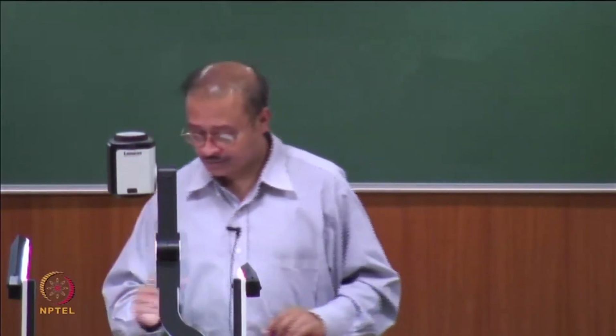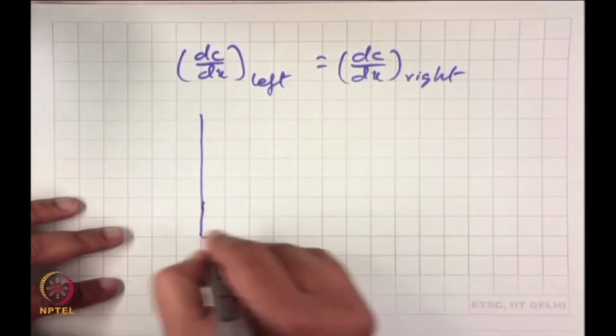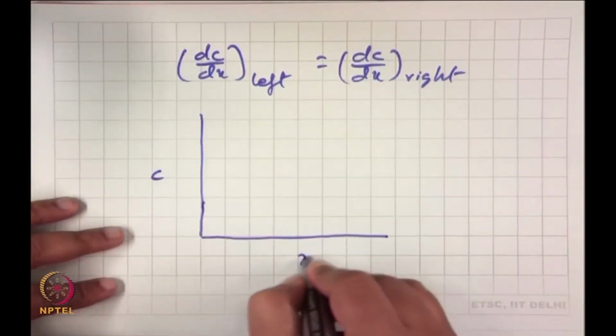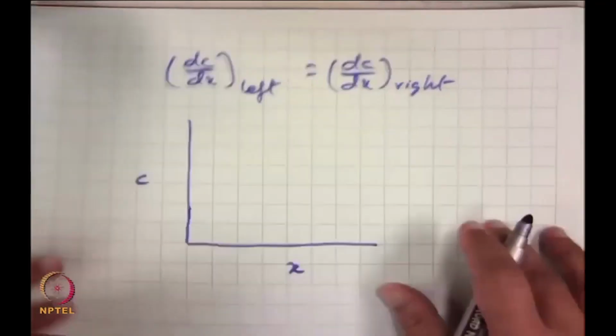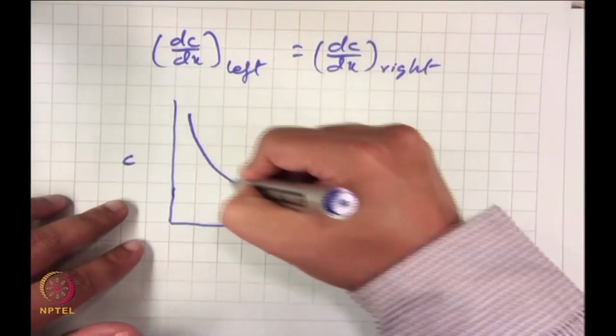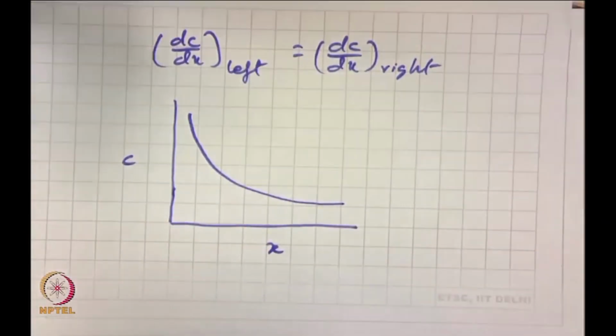Now, one more thing. Suppose I have a concentration gradient which goes like this. Say this is C and this is x. Say the concentration gradient is something like this. Okay.